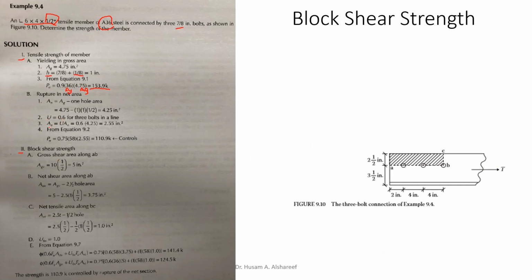Then the AE, which is the effective area, is U times AN. We find both of them: 0.6 times 4.25, and this gives me 2.55 inch squared.